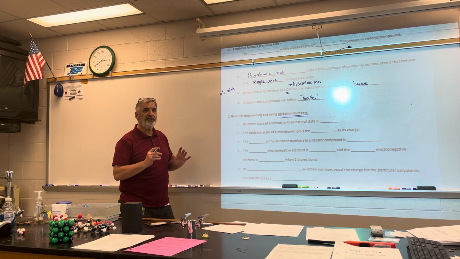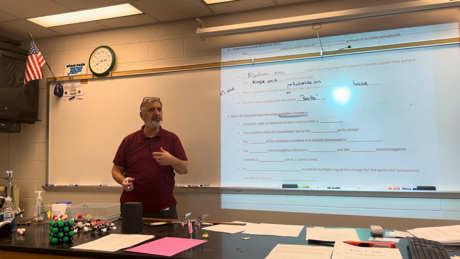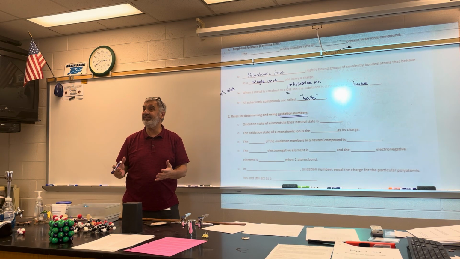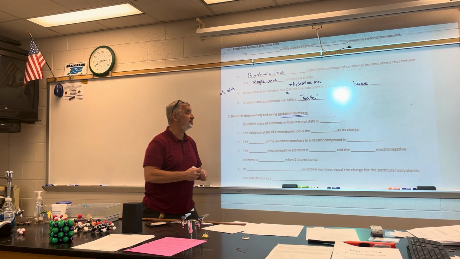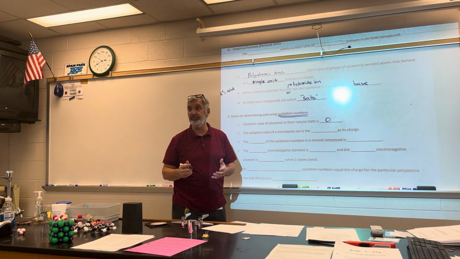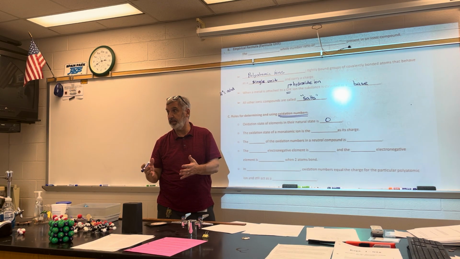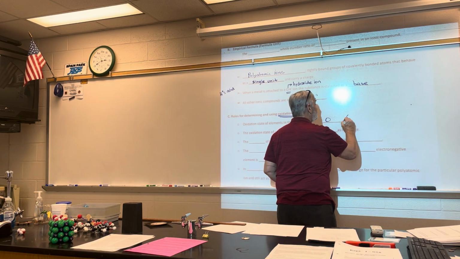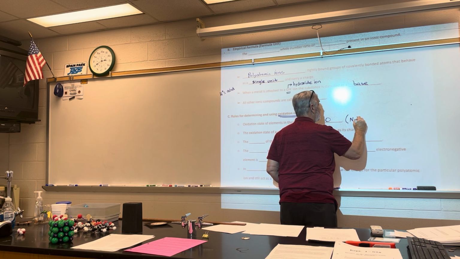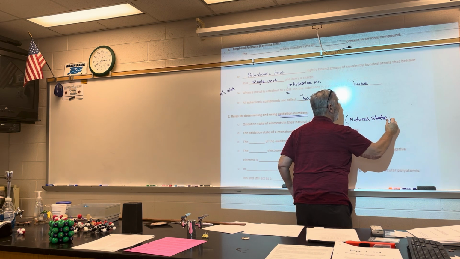Okay, so the first thing is that elements in their natural state, pure gold, pure silver, pure copper, pure sodium, pure potassium, pure anything, the oxidation state is going to be 0. It's not until it goes to combine with something does it want to gain or lose electrons. Okay? So natural state includes our diatomics.